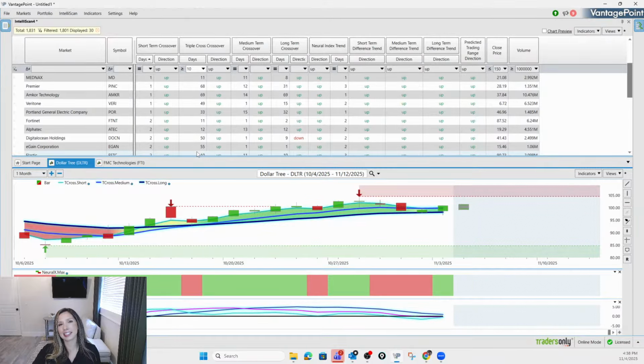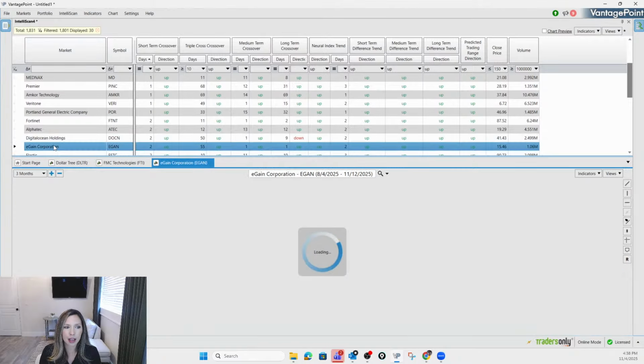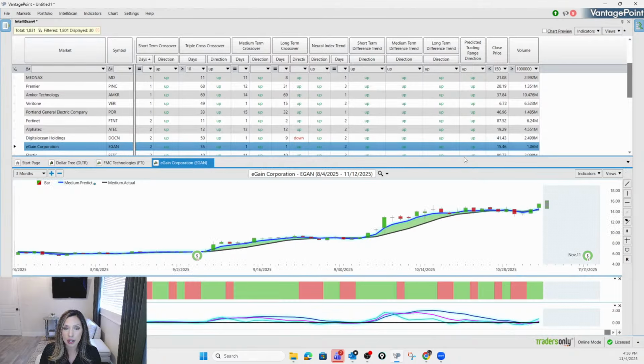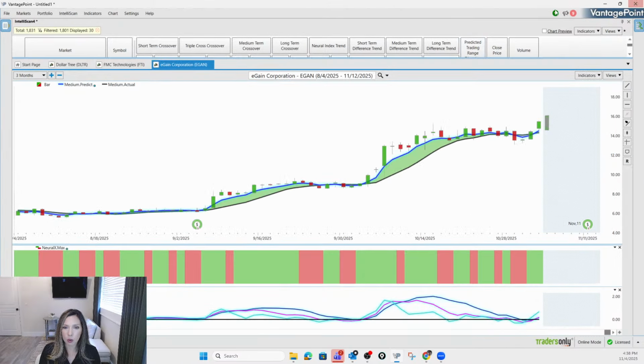So we're in a continuous bullish trend, and we've got renewed bullish strength from our other predictive indicators coming across the board. So if we open up Egan, let's just take a look and see what this does for us. Look at this. So we have a trend that has started and is already gone up, is continuing to go up. It has pulled back and now expected to potentially continue.